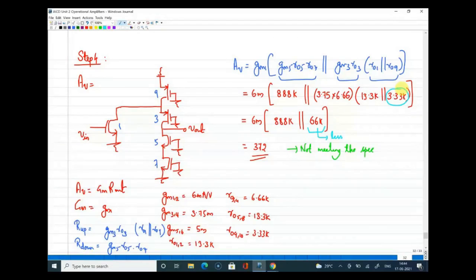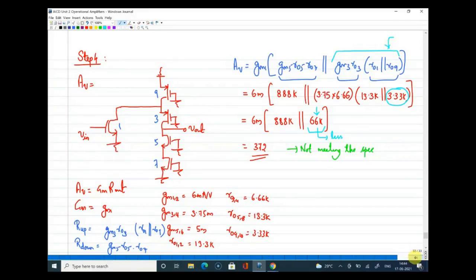Okay, now what we need to do is, since we understood that the output resistance or the gain is less, and when we traced back, the gain is getting affected because of this factor. Since the resistances R0 and R9 are in parallel, and that R0 9 is small since it is carrying a larger current, that is affecting the gain a lot.